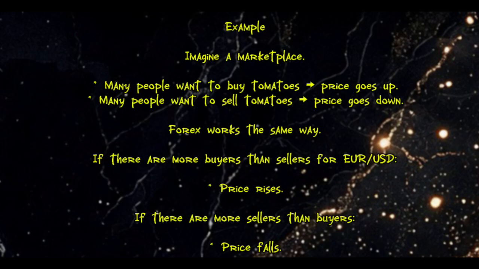So moving forward, let's take an example. Let's imagine a marketplace where people buy tomatoes, price goes up, and when you want to sell tomato back, the price goes down. You can also look at it in another way, because forex is typically like that also.